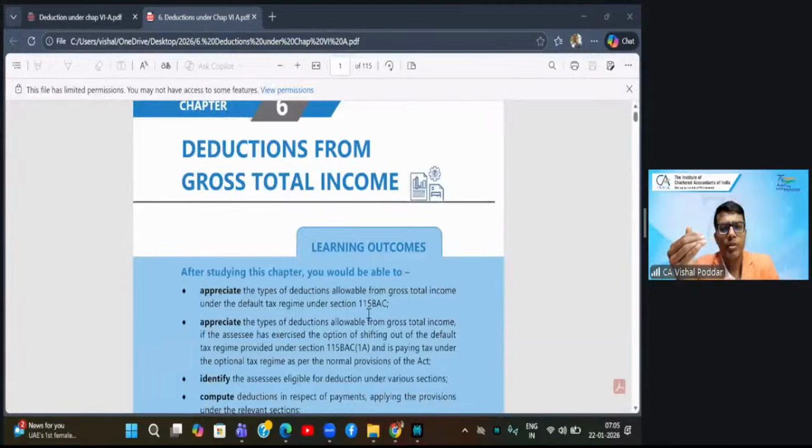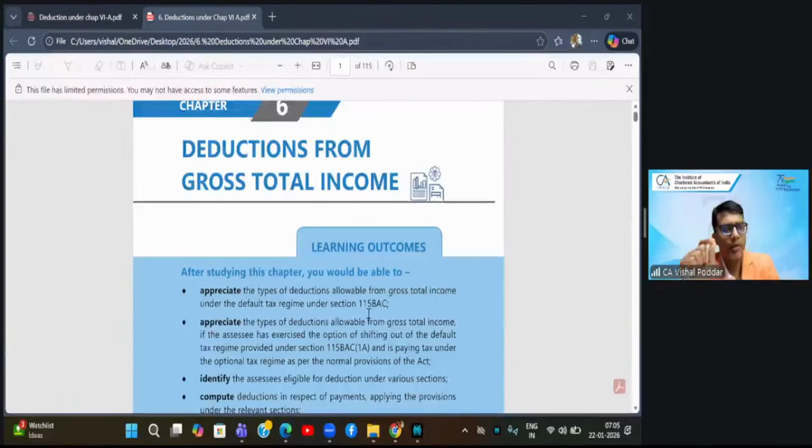Now, what is the importance of this? The importance is that these deductions are not for expenses. Expenses deduction you have already claimed with the respective source while computing the income or loss of that respective source. These deductions are given with a particular perspective. What is that perspective?